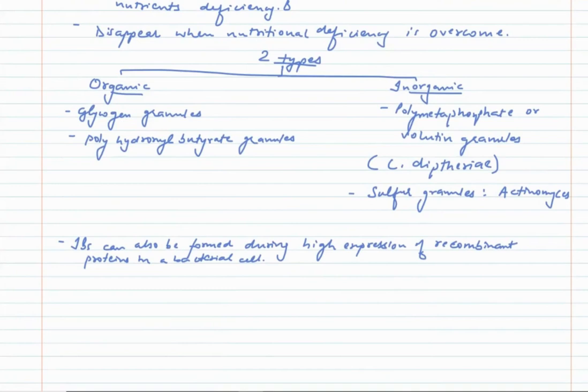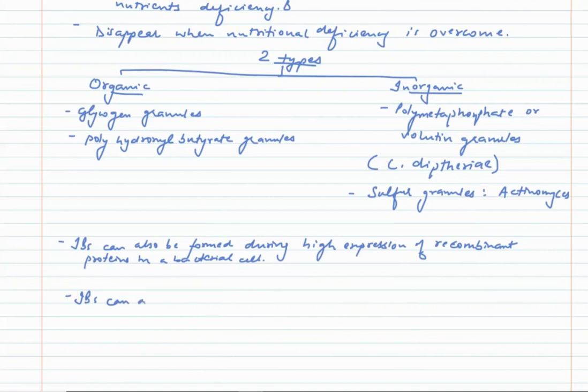So during genetic engineering or recombinant DNA technology, if we are using a bacteria to produce a foreign protein such as a human protein, it can also aggregate in the bacteria because this protein is being produced in very high amounts. So it can be present as inclusion bodies.